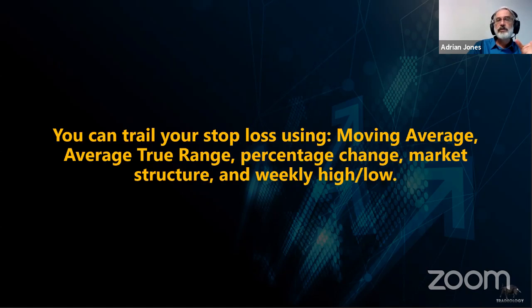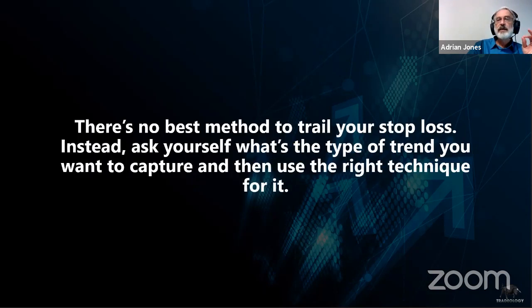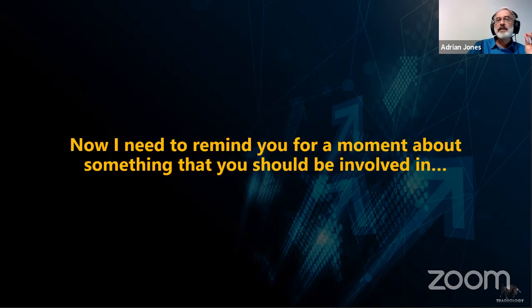And remember that you can trail your stop loss using moving averages, percentages, market structure, weekly highs, lows, swing highs, and swing lows. There's no best method to trail your stop loss, as I alluded to in the earlier part of the presentation. Ask yourself, what's the type of trend you want to capture, and use the right technique to do that.